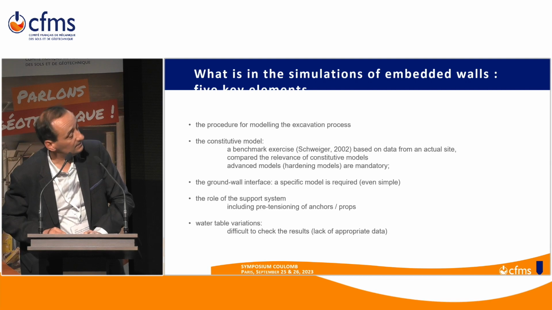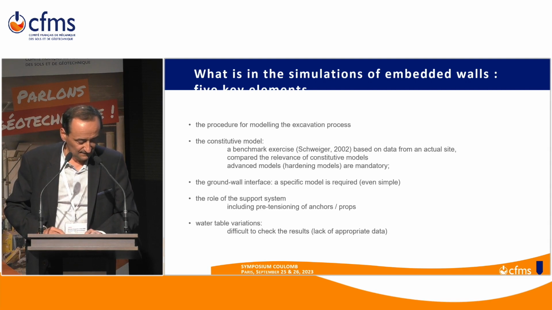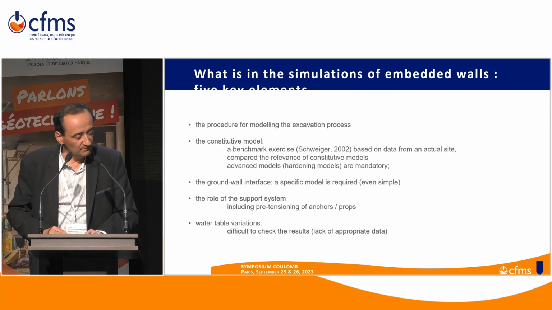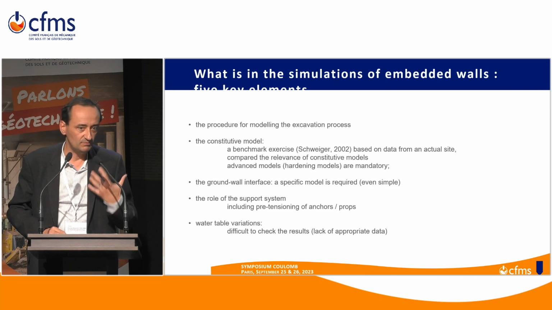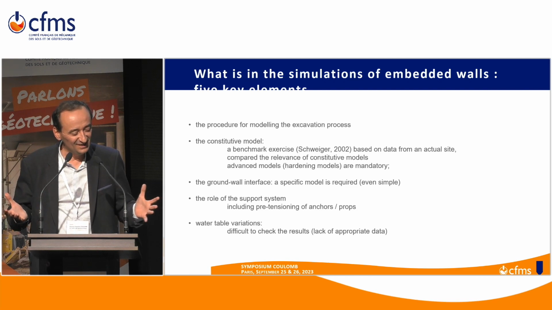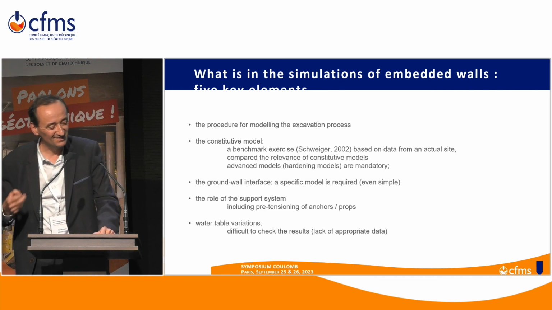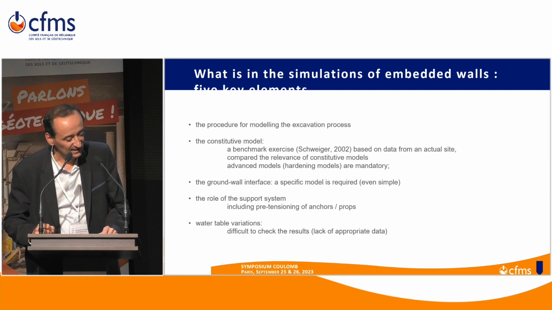So this is maybe a reason to list what is in the simulations. We have 5 key elements. You need to have a numerical procedure for the modeling of the excavation process. And this is not really in the initial framework of the finite element. You have to program to introduce a specific procedure, which can be more or less clever and more or less accurate.